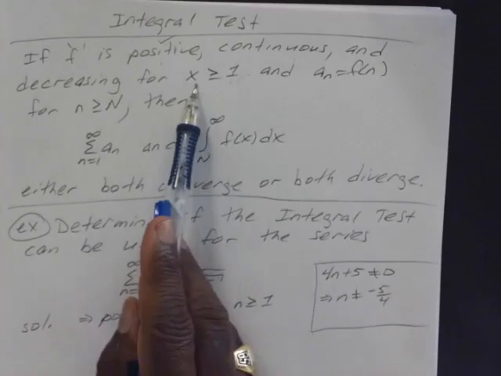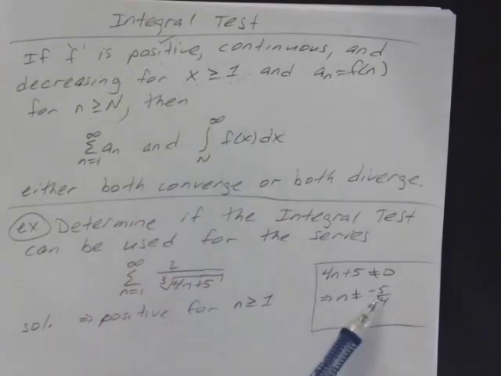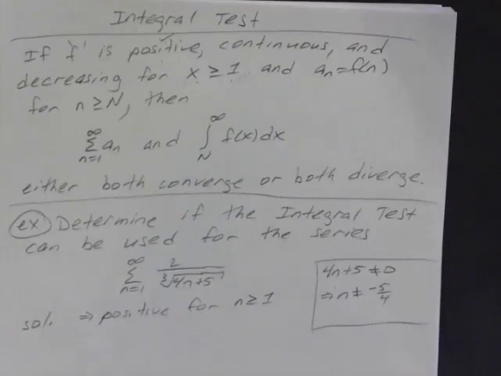Since we're only worried about n being greater than or equal to 1, that negative 5 over 4 means absolutely nothing to us.